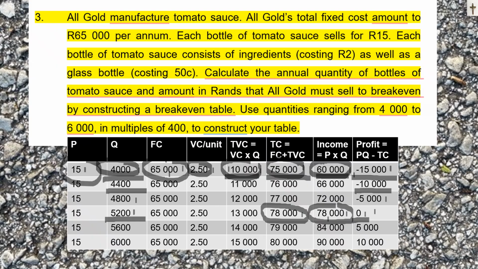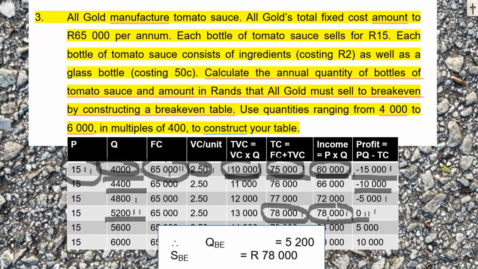It's the break-even point. So you can get asked the question to complete the table. And if you know the headings and you've practiced once or twice, it's quite easy to complete this table and determine the break-even quantity and the break-even sales amount.